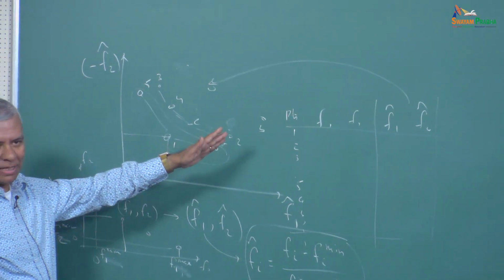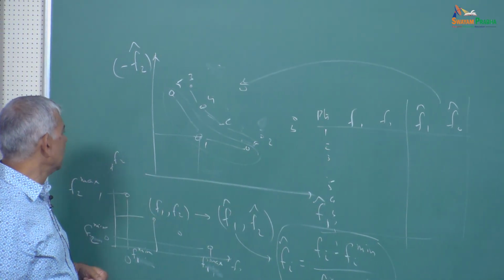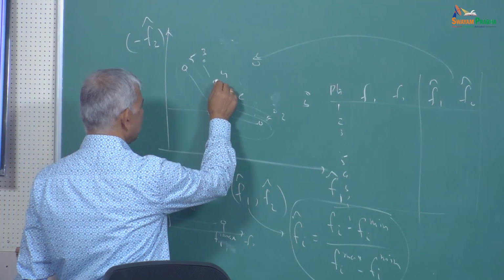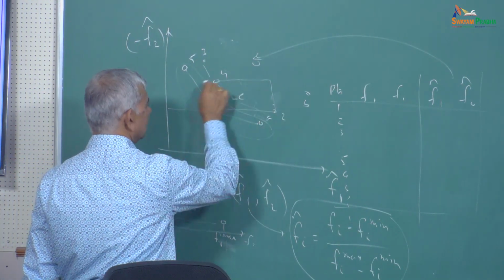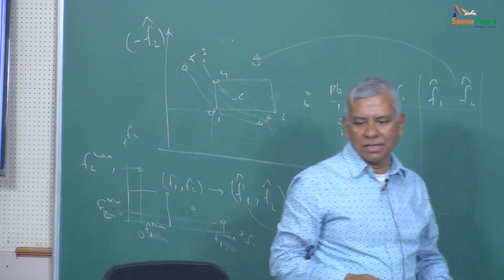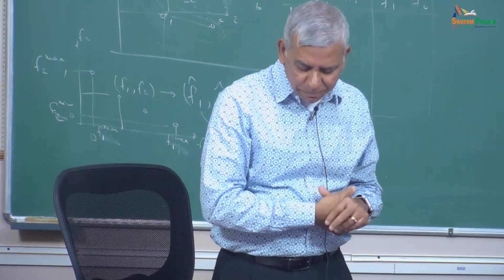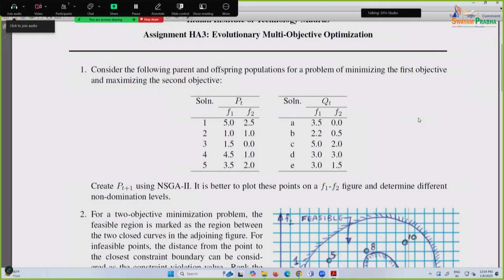Of course, you need to multiply by -1, right? Then you identify these, and the crowding distance you can see already in this one. Apply those things and find the highest crowding distance ones that you have to choose. So tell me what is PT plus 1, which members from 1 to 5 and which members from A to E will be there in PT plus 1. There should be exactly 5 members because the population size is 5.